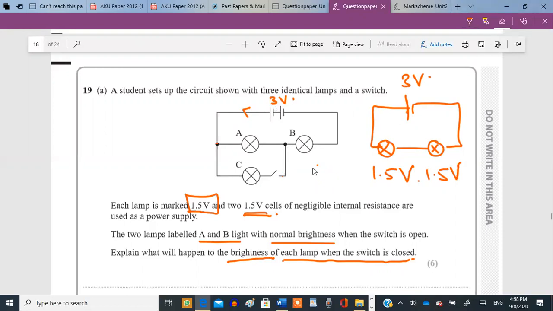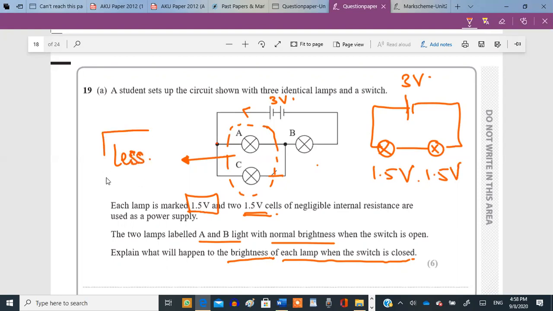Now what you need to do is, as soon as this switch closes, consider both of them as a single unit. When you consider both of them as a single unit, that actually means you're combining their total resistance. When you combine their total resistance, what happens? Whenever two bulbs are connected in parallel to one another, their combined resistance becomes less than their original individual resistances.